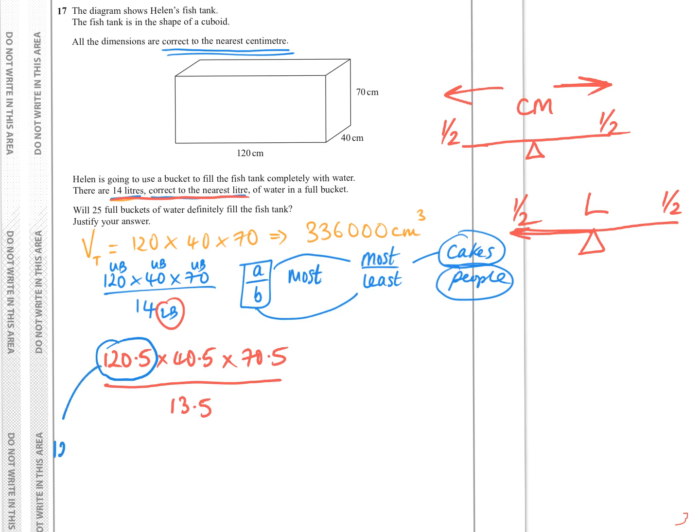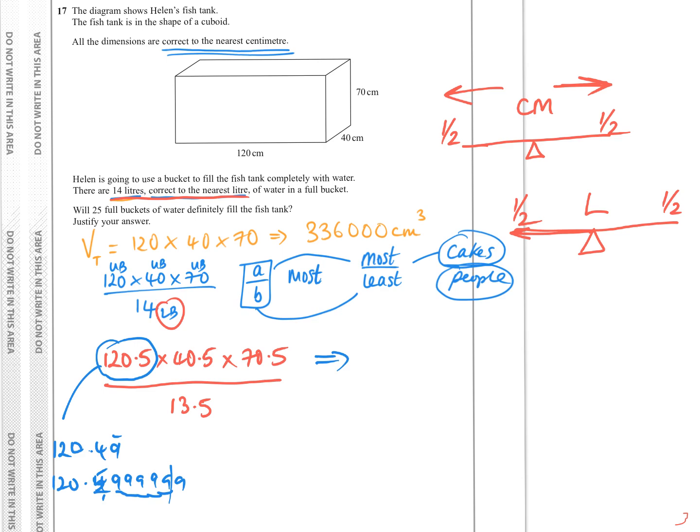Well, you could do 120.49 recurring, but a lot of you know that if you do 0.49 recurring, as soon as you round this anywhere, these all become zeros and this becomes a 1, and you end up with 120.5 anyway. So you've got the upper bounds of all the dimensions at the top, and the lower bound of the litres that one bucket will hold.